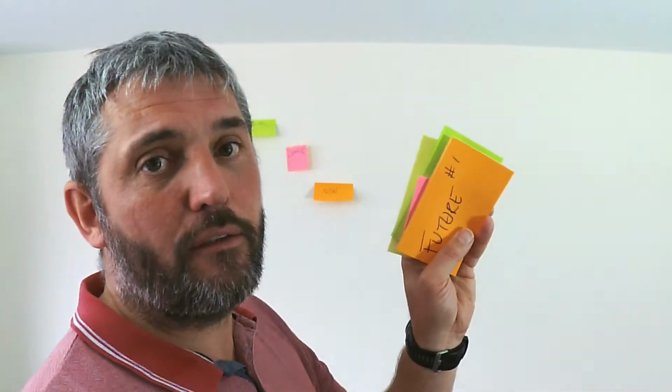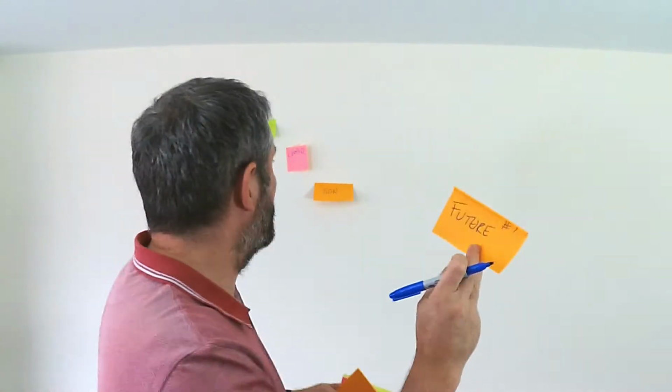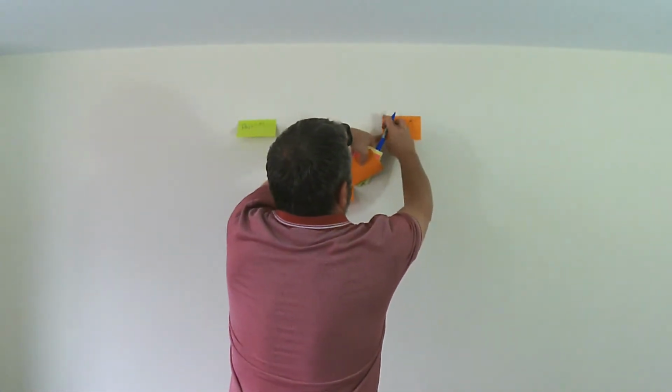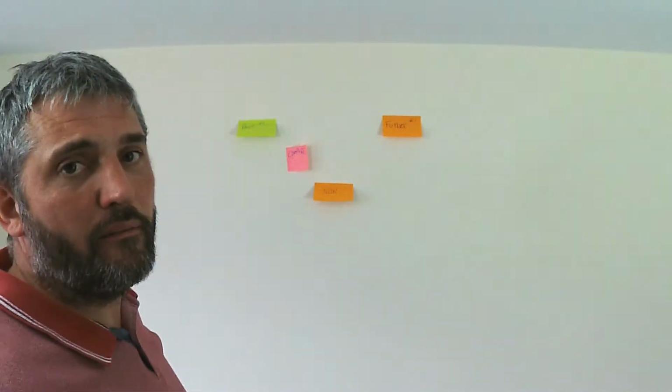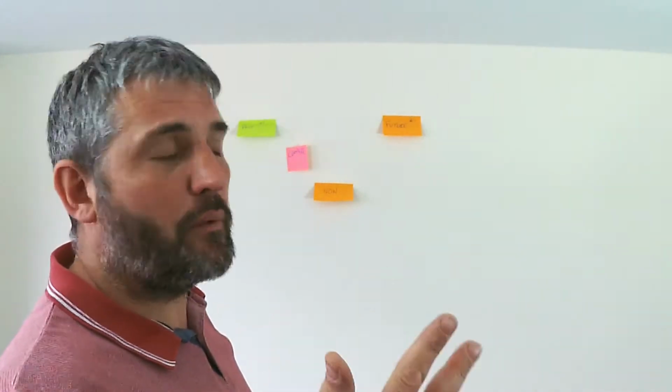So I will write down the answer to that future and where I might be, and I will reference that here as future 1. And I place that where it belongs, and that belongs right up here. And again, we place, we write, we place, and we move.